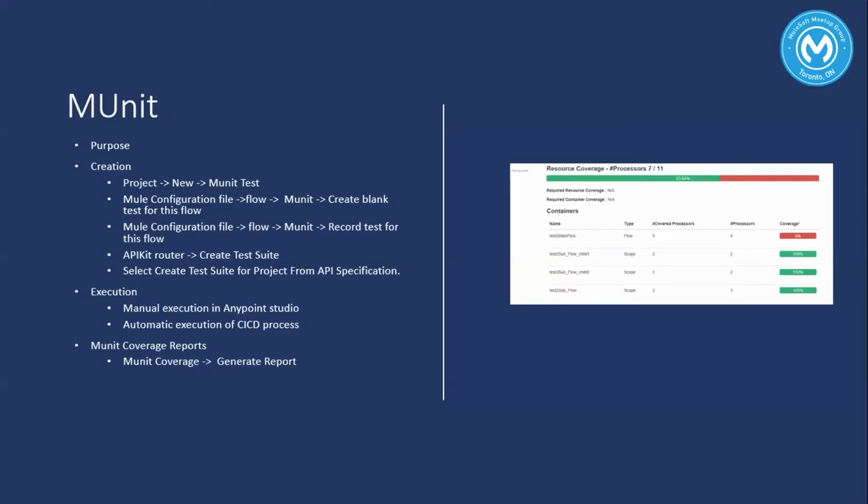Anypoint Studio supports multiple ways of creating the MUnit test cases. You can go to the project and create it using the MUnit test, or you can use APIkit to create the test suite of applications.